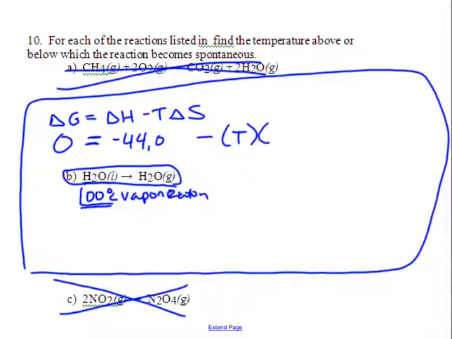Yeah, no need to round here. And then delta S. This is joules per mole. This is joules per mole K. Go ahead and solve for temperature.